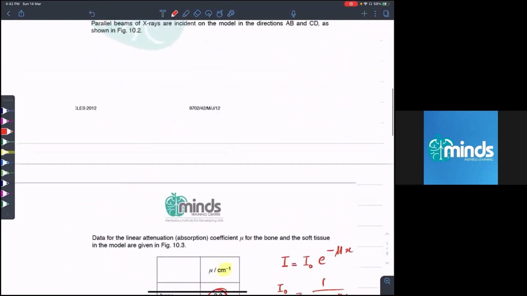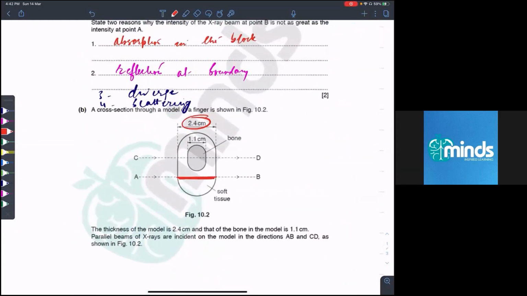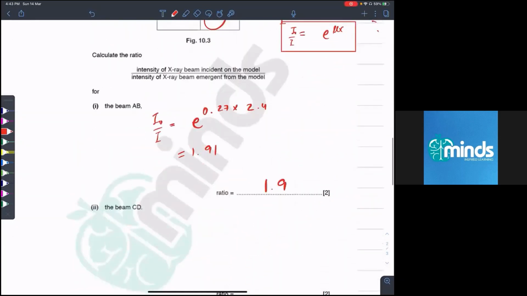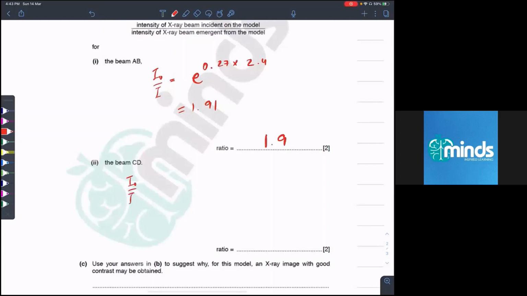Now CD is interesting. Why? If you look at CD, it is passing through soft tissue and it is passing through bone. So it will suffer attenuation twice, one for the soft tissue and one for the bone. So if I want to write the formula for I naught over I, there must be two factors involving mu x.